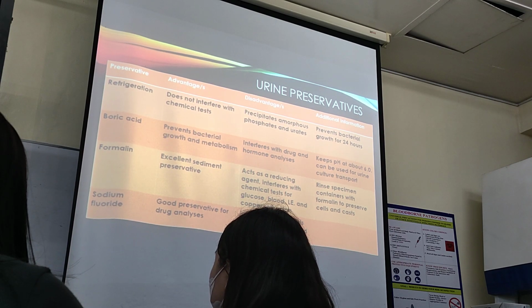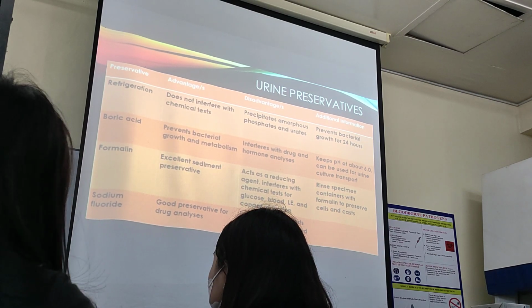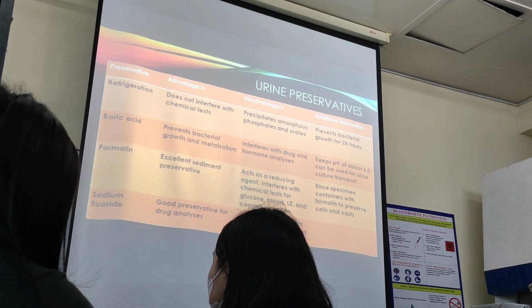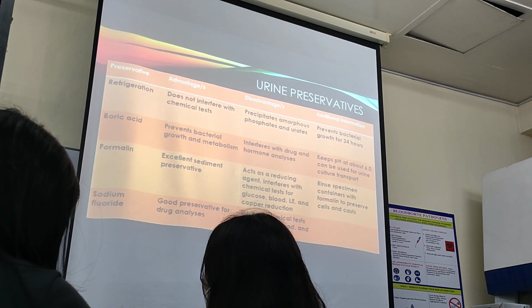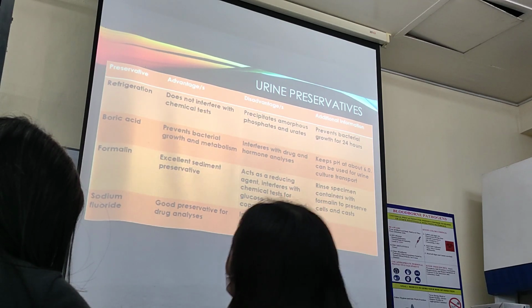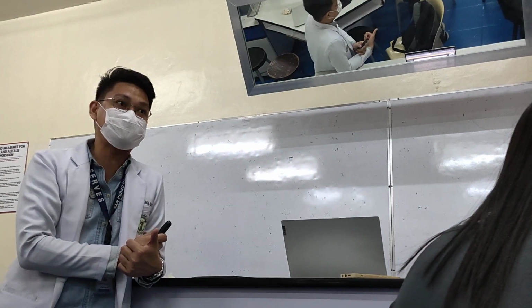Addis count. So when you say Addis count, this is a quantitative counting of the numbers of RBCs, WBCs, proteins, and casts. Since excellent siya sa sediment preservative, that's why it's the preservative of choice for Addis count.